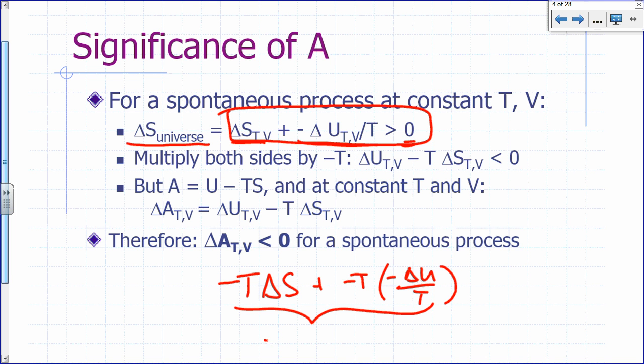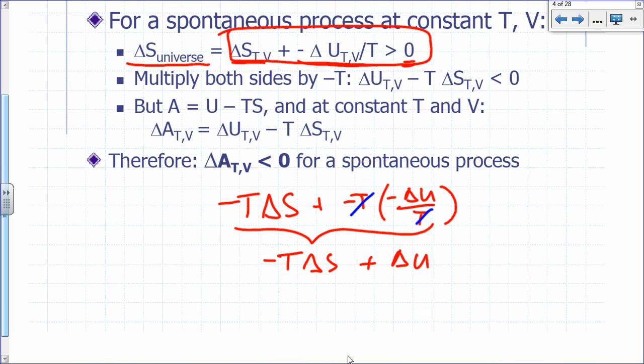That's just going to be negative T delta S, negative times negative is positive, and your T cancels out. So that gives you plus delta U, which I rearranged to delta U minus T delta S, right? The left-hand side, if you multiply by negative T, would be delta U minus T delta S.